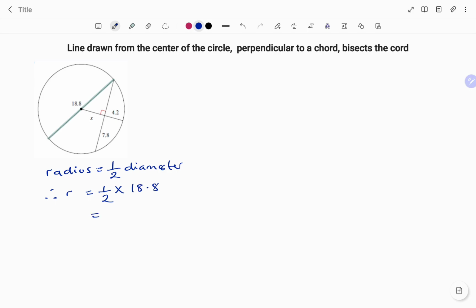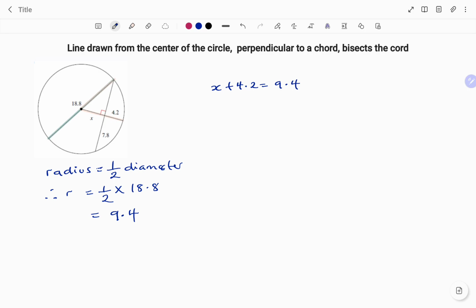Half of 18.8 is 9.4. So the radius, which is the line from the center of the circle to any part of the circle as shown, is 9.4.